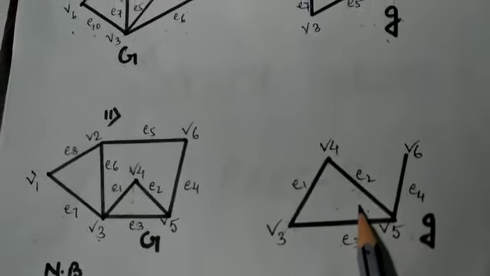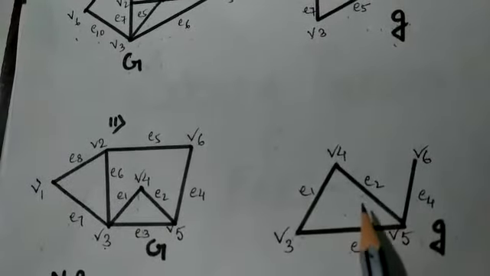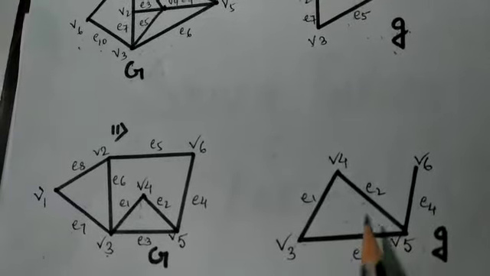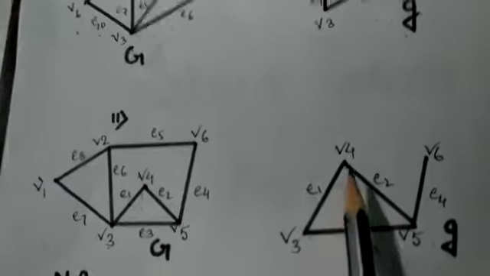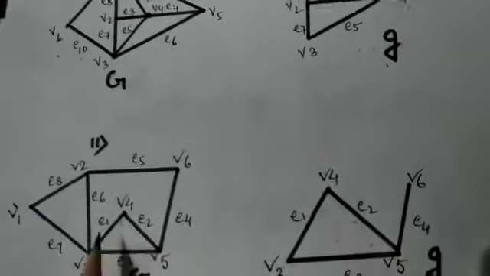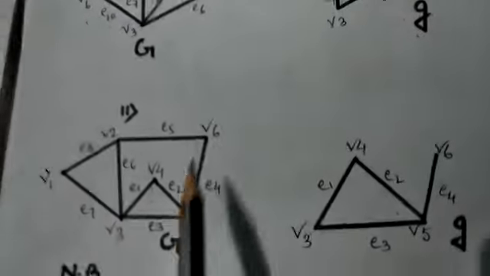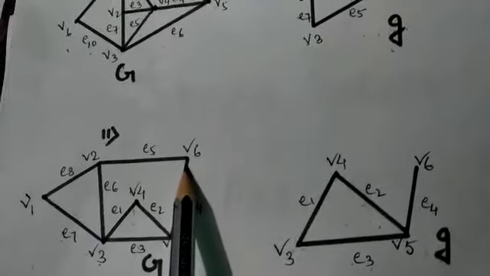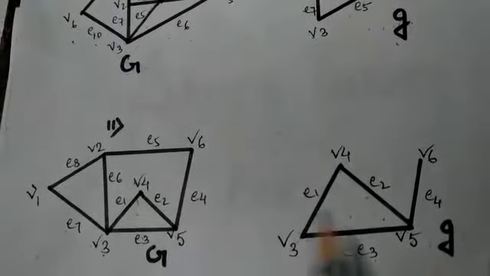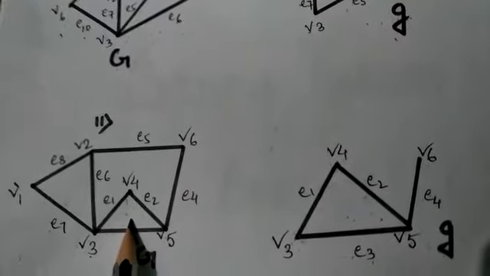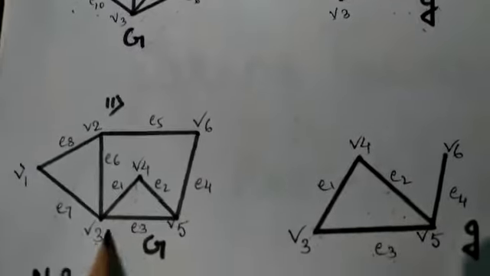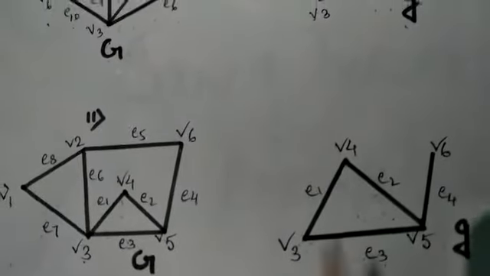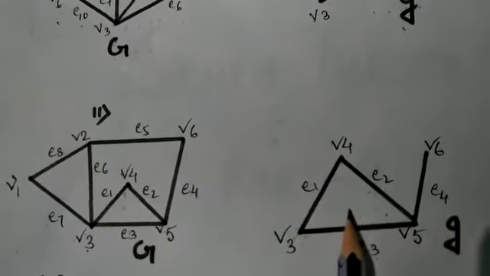All vertices and all edges of this are in the original graph G, and each edge of g has the same end vertices in g as in the original graph G. So this is an example of subgraph.